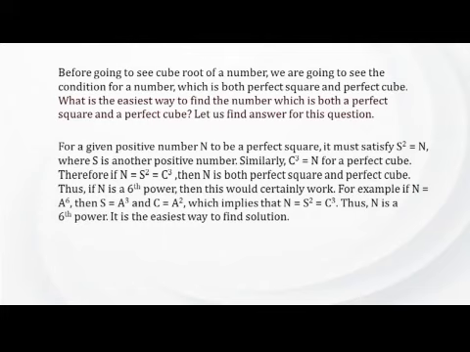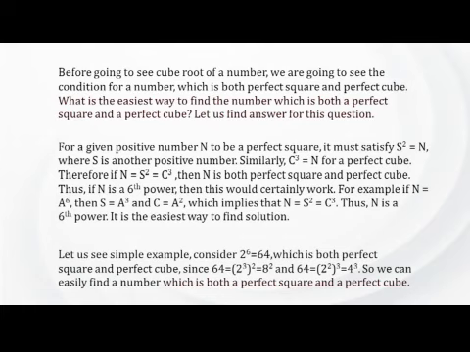For example, if N is equivalent to a to the power 6, then s is equivalent to a cube and c is equivalent to a square, which implies that N is equal to s square, that is again equivalent to c cube. Thus, N is the sixth power. It is the easiest way to find the solution. Let us see a simple example.